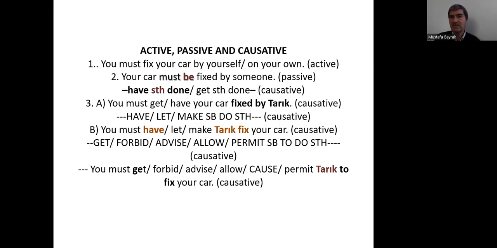Your car must be fixed by someone, passive, maybe by you, by a mechanic, etc. Now, have something done, get something done as causative. Number 3, you must get or you must have your car fixed by Tarık.